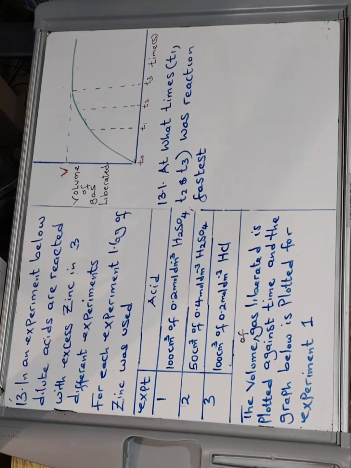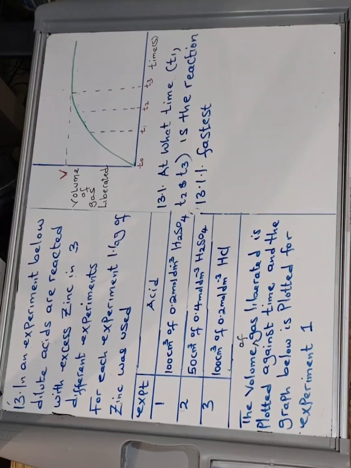Then comes the question 13.1. It says, at what time T1, T2, and T3 is the reaction fastest?